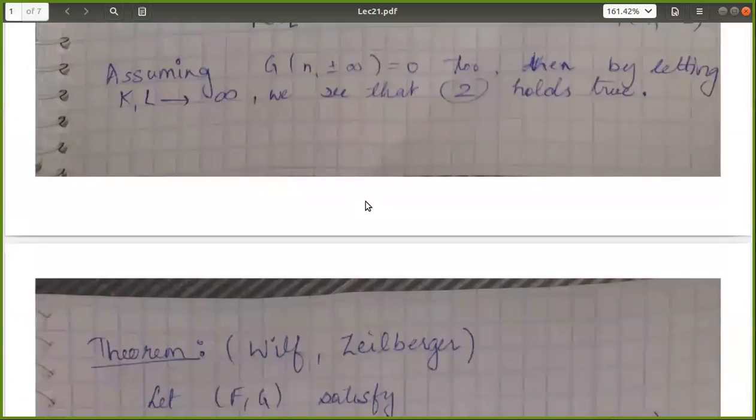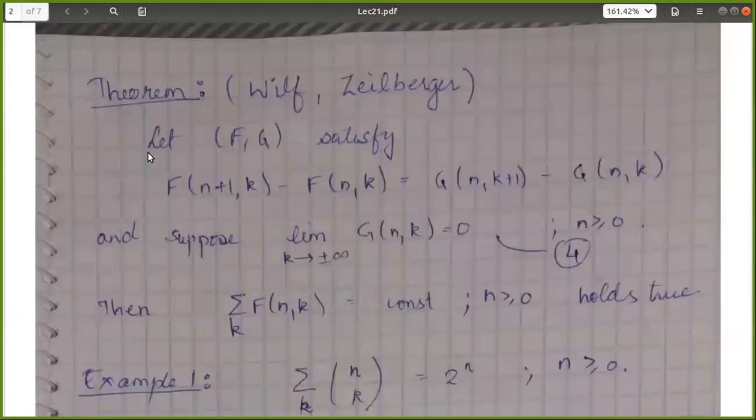So suppose a pair f, g satisfies f n plus 1 k minus f n k equal to g n, k plus 1 minus g n k. And suppose that the limit of this particular function as k tends to plus or minus infinity is 0 for all values of n. Then the summation over k of f n k is a constant.